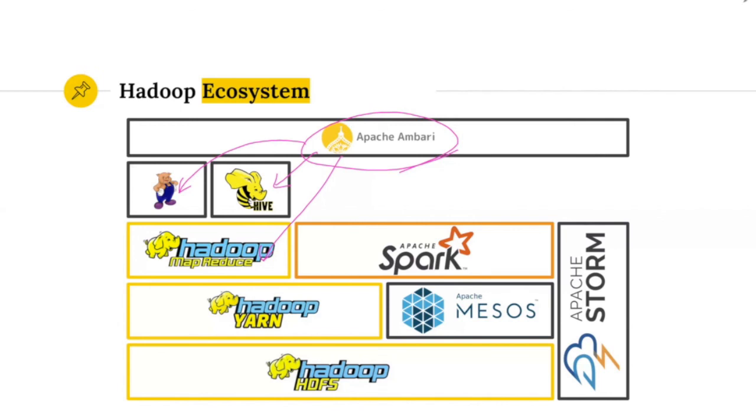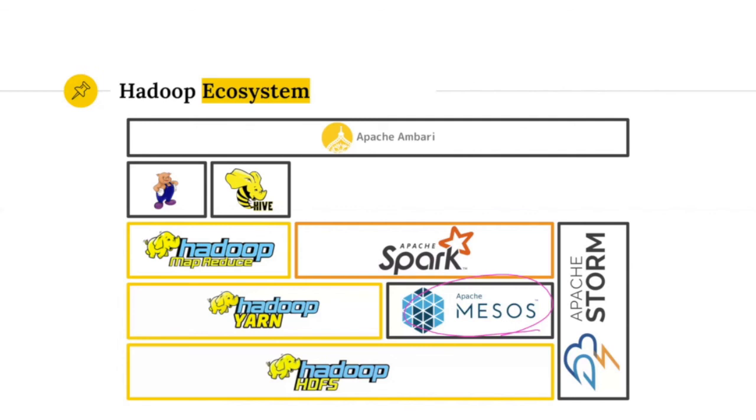Now, that's the core backbone of the technology. What I'm going to explain now is a series of side technologies that enrich the Hadoop ecosystem. So the first thing I want to mention is what is called Apache Mesos.